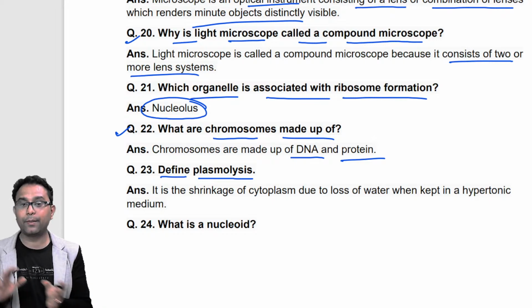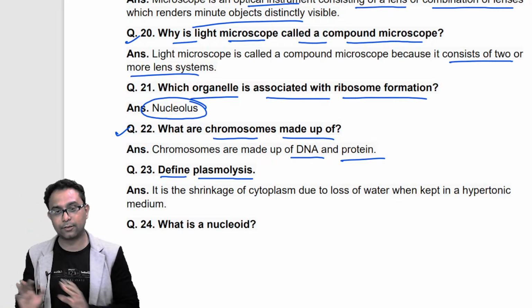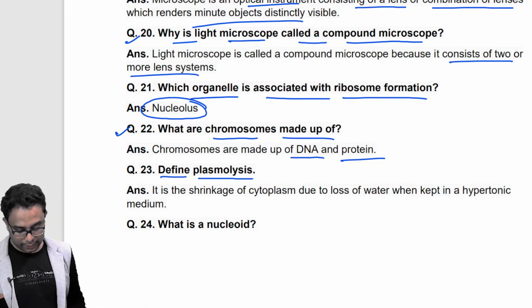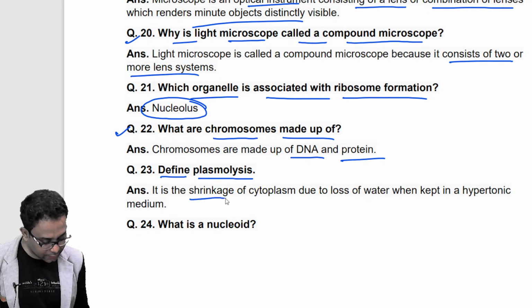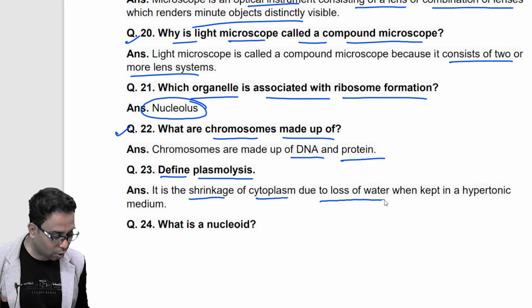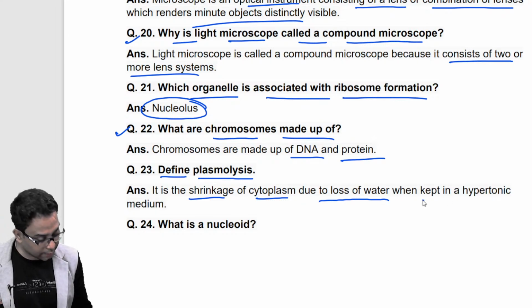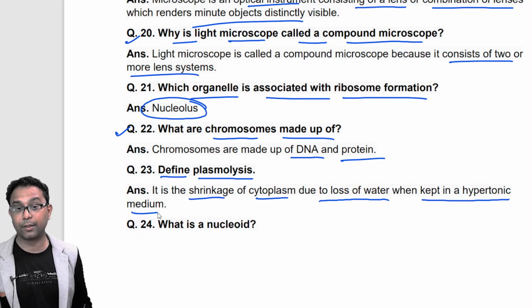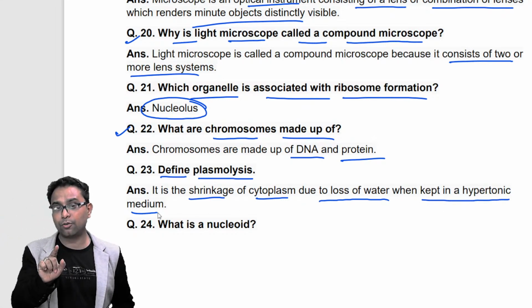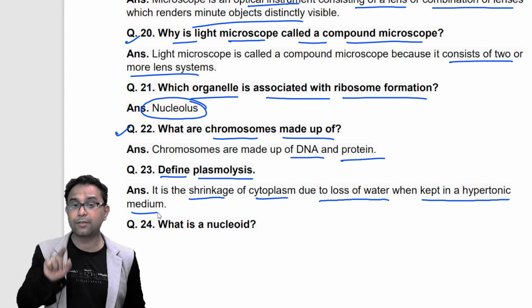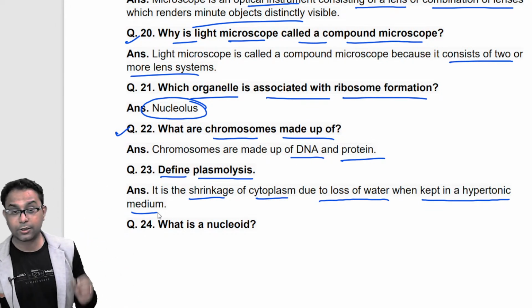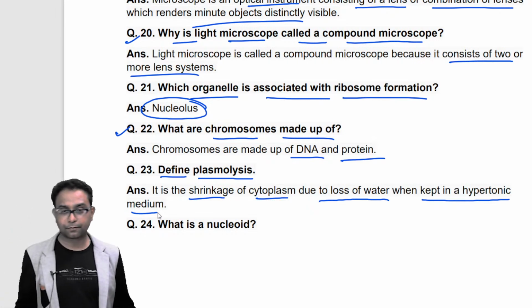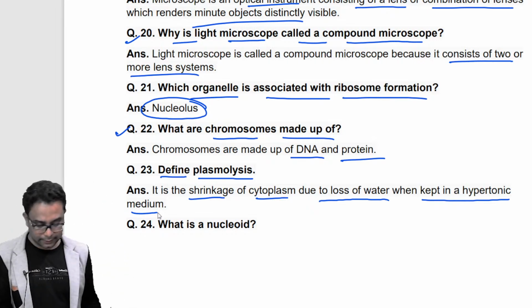This process is plasmolysis. So plasmolysis is a shrinkage of cytoplasm due to loss of water when it is kept in the hypertonic medium. This hypertonic solution or hypertonic medium must be written down in your copy because it is the most important part.